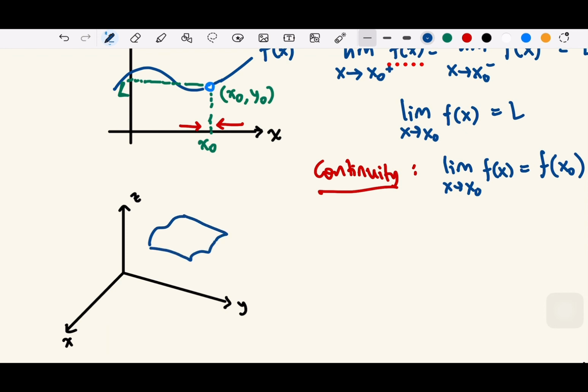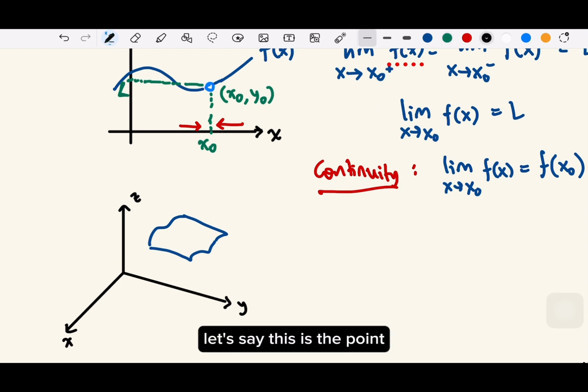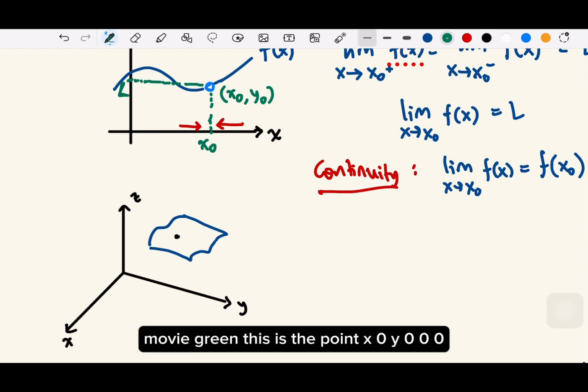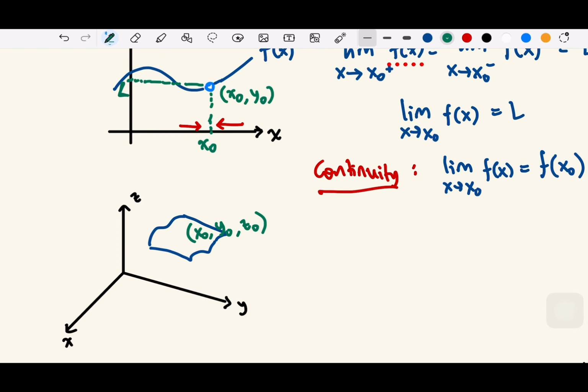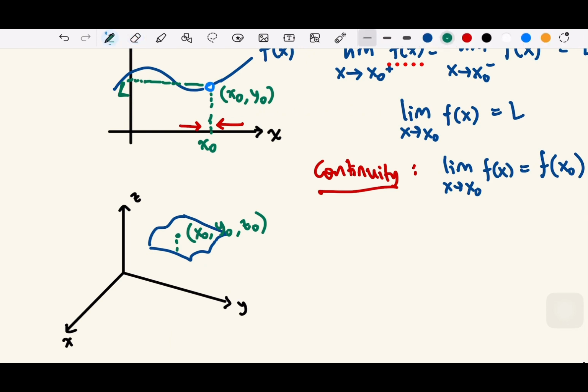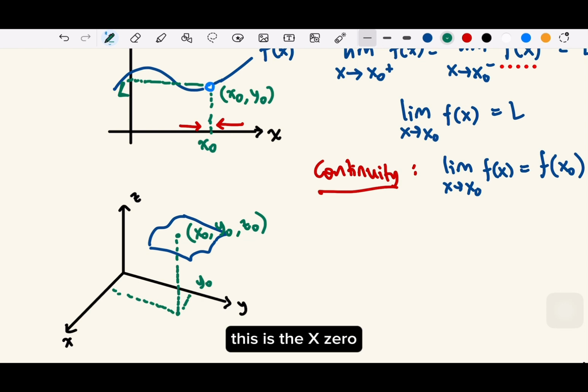Let's say this is the point, maybe green, this is the point x0, y0, z0. And this is y0, this is x0.